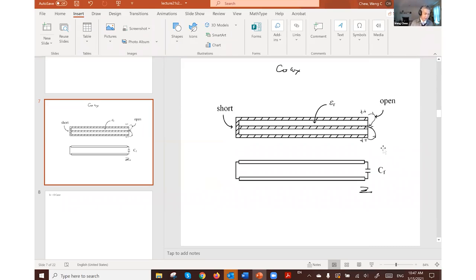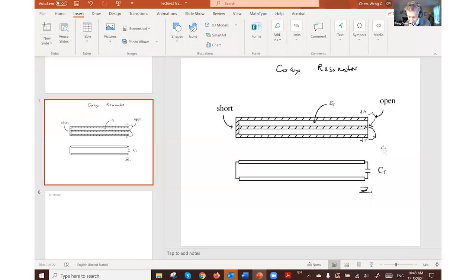However, if you were to make such a transmission line resonator, this is the coax resonator, in this manner, the short is very much like a short, like the figure here, as shown in this transmission line model.